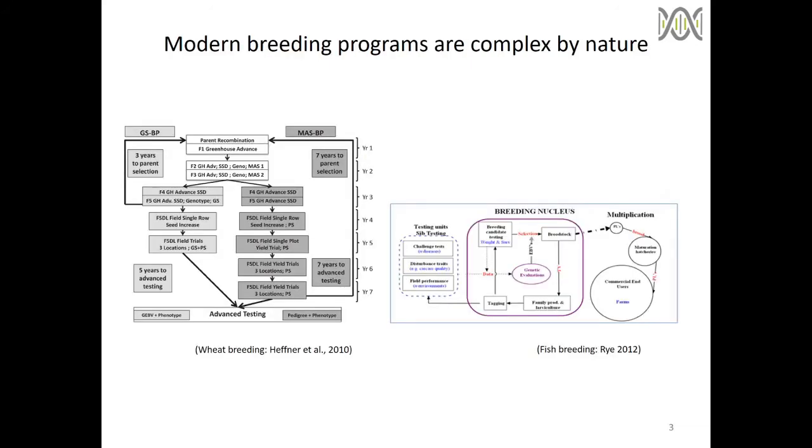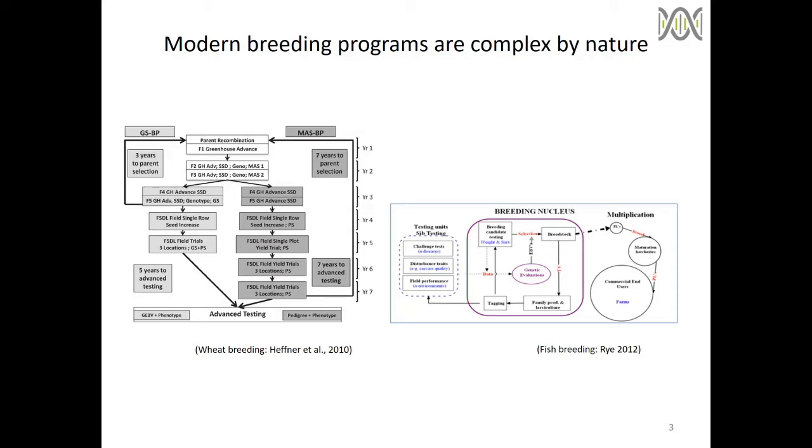So, when it comes to MOPS in general, our goal is to simulate breeding programs. And as you might imagine, modern breeding programs are highly complex by nature. So here we have two quick examples. On the left-hand side, you can see a wheat breeding program that's consisting of all sorts of field trials and seed replication periods and selection and all those kind of things.